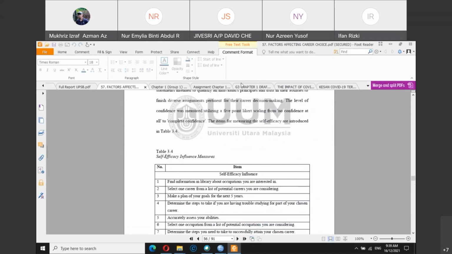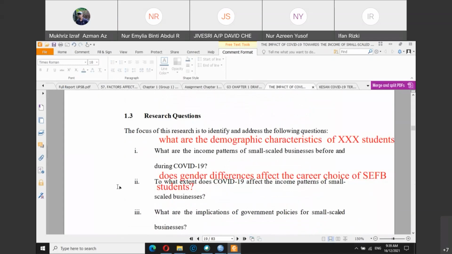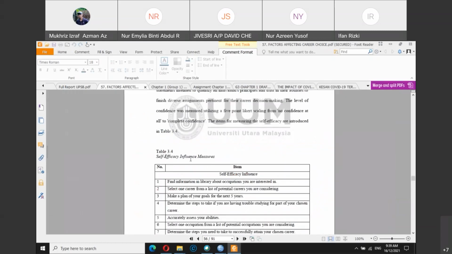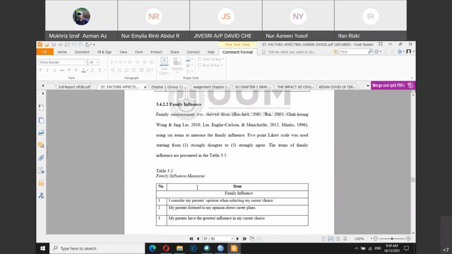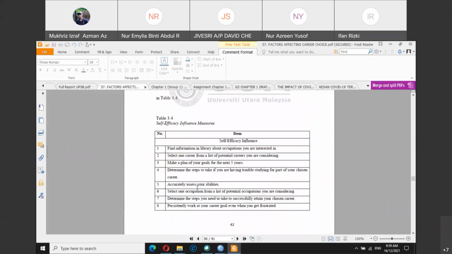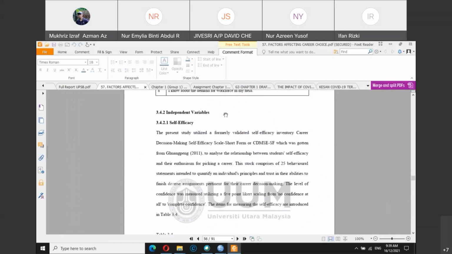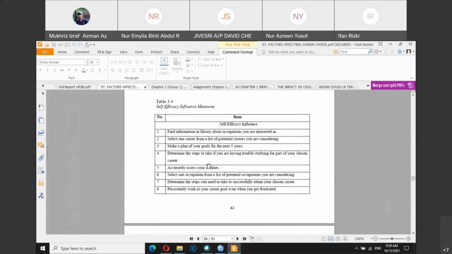So when I write like this, does gender differences affect the career choice? We want to see for all the 4 factors: self-efficacy, family influence, and so on. There are 4 factors that will influence the career choice, but we want to see if, for all these 4 factors, is there any difference when it comes to gender?